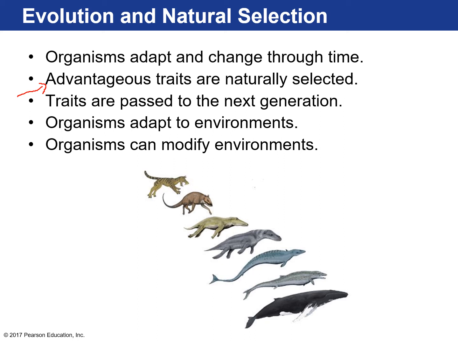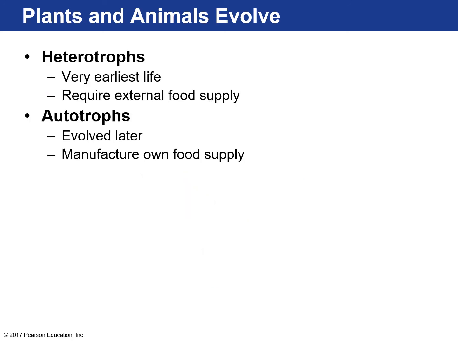So those traits are passed on to the next generation, and then they become more successful. And that's how organisms adapt to environments. And then eventually, once the organisms become so abundant and proliferate, they can actually modify their environments. Okay, so that's how evolution and natural selection work.